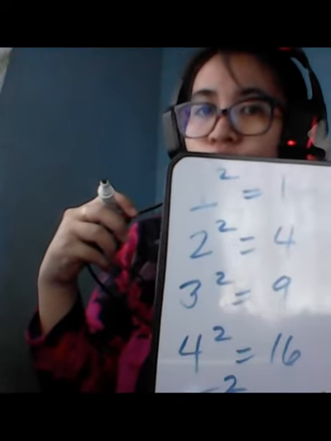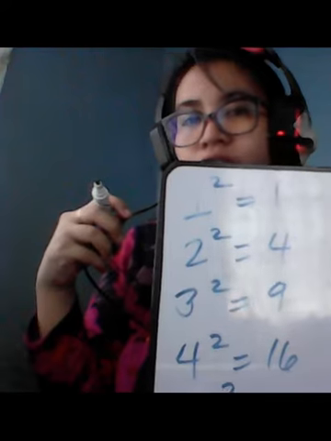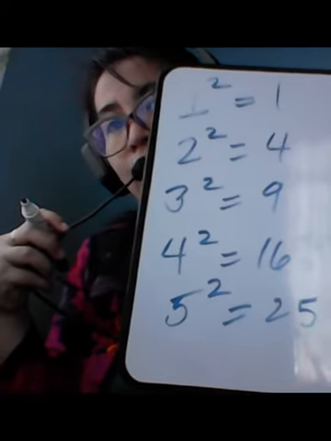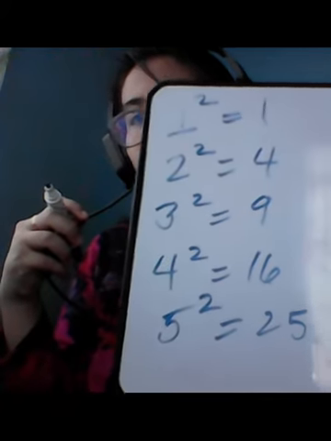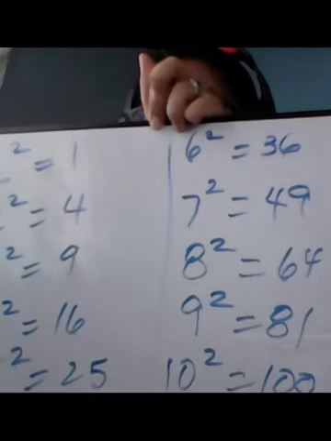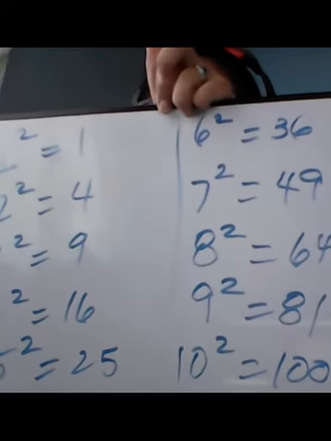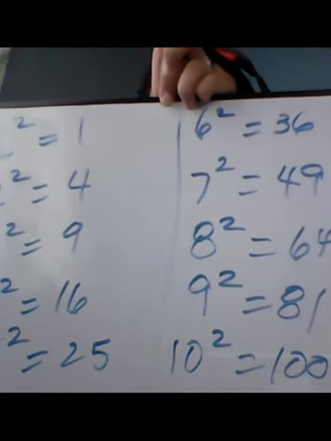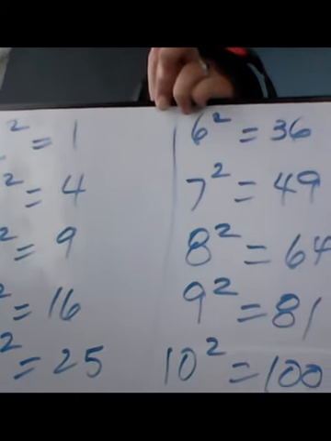We have 4 squared equals 16. So the square root of 16 is 4. 5 squared equals 25. Therefore, the square root of 25 is 5. 6 squared is 36. So the square root of 36 is 6. Next is 7 squared is 49, the first example that we solved.